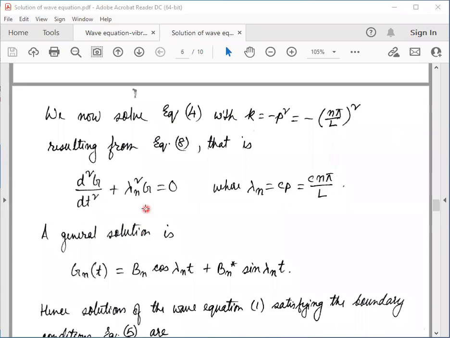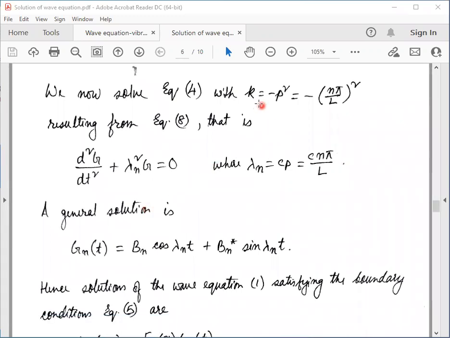So we put k equal to minus p square, and then p square is n square pi square by l square. If I put c times p equal to lambda n, then lambda n becomes cn pi by l. So this equation becomes d2g by dt square plus lambda n square g equal to 0.